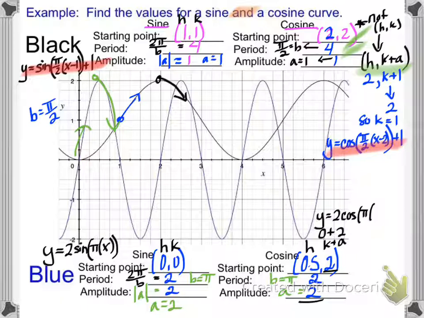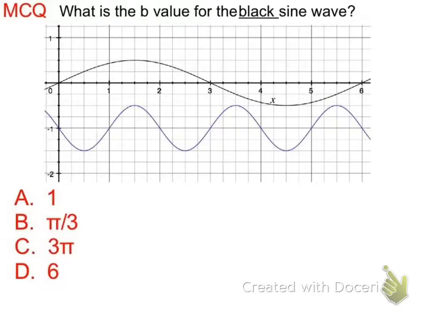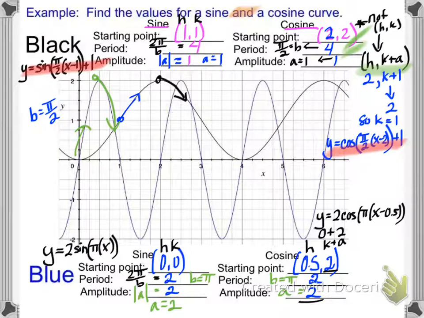But then I do have a horizontal shift of 0.5, so I have x minus 0.5. And then plus k. Well, k is 0 because, just like the previous one, k is 0 just like the sine value here. Because remember, we talked about k having the same value, and because of what we discovered down here.